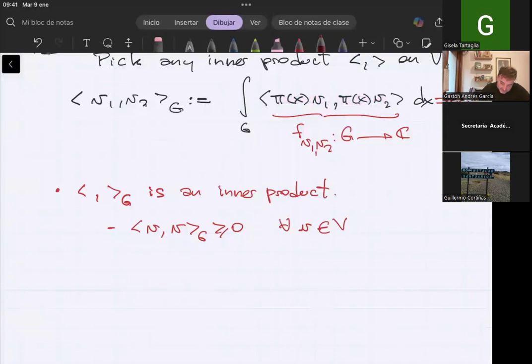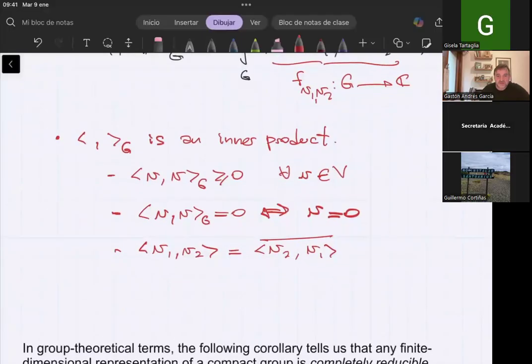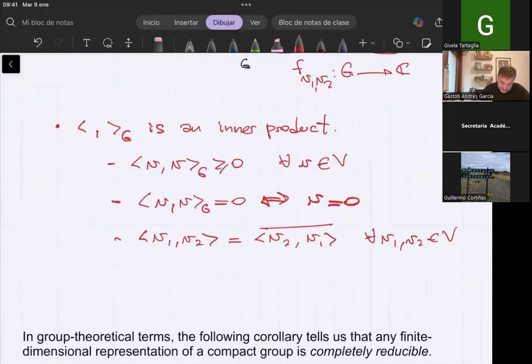And the same is true if the inner product of an element with itself is 0, then if and only if the element is 0. Then if we interchange two elements, the interchange of them is given by the conjugate. This is true because this is true for our inner product.